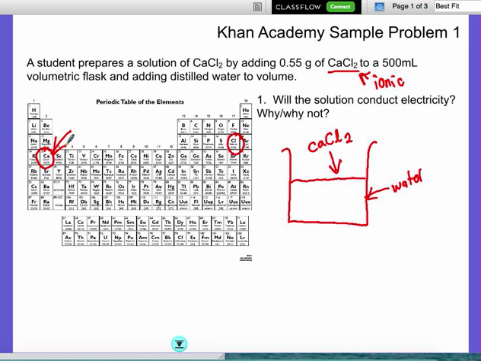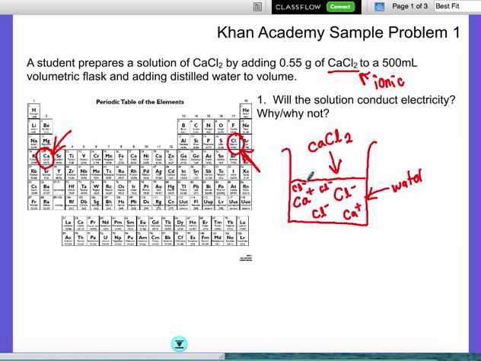Since calcium's in group 2 and a metal, it will break into Ca2+ ions. Chlorine will gain an electron and form Cl minus ions. So you will have all of these ions floating around in the water.